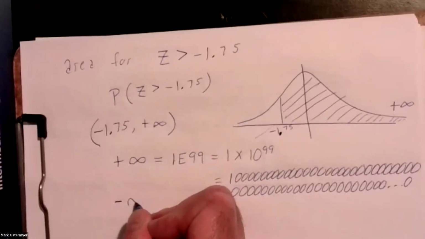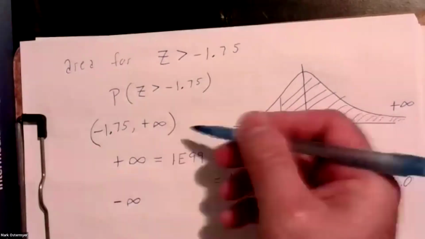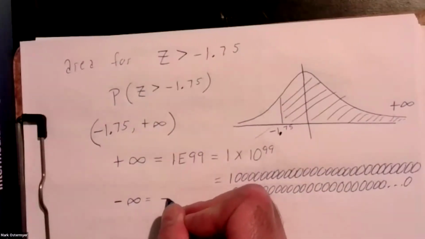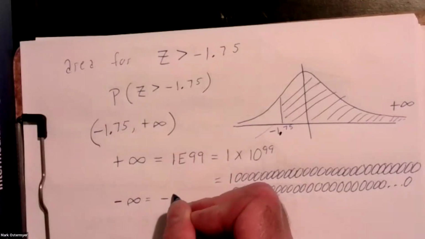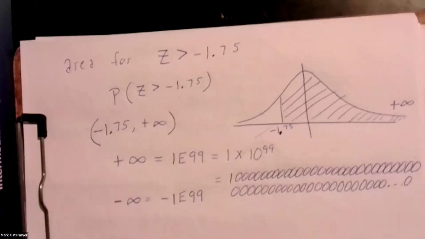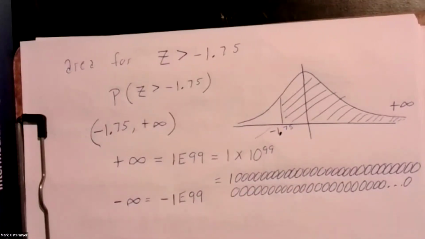Negative infinity, if we ever run this away to the left forever, will be simulated by typing in negative 1E99. Is this making sense here?